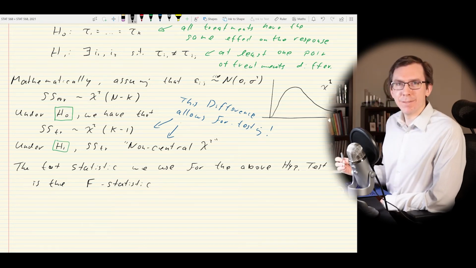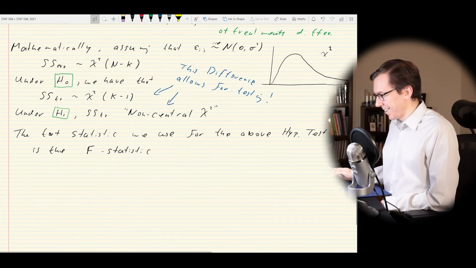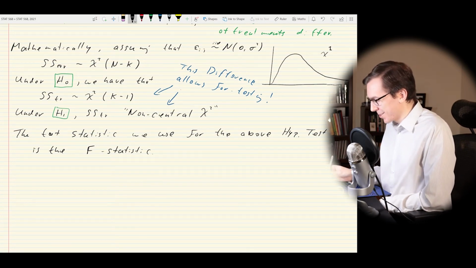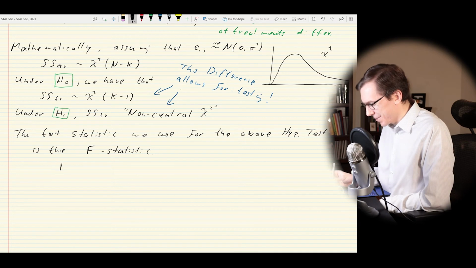F for, I believe, Fisher, our founding father of statistics, or one of the key founding fathers of statistics.